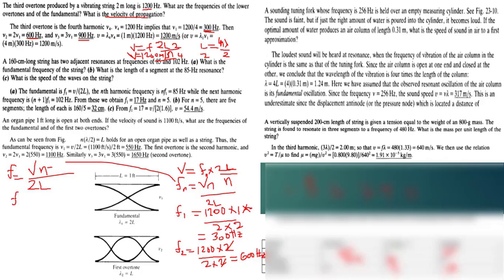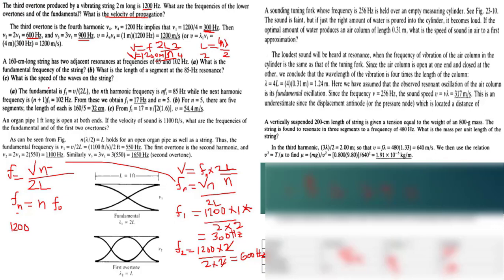So generally the general formula is Fn is equal to n times the fundamental frequency. So the same if you have Fn, he gave you Fn as 1200 where n is equal to 4, because it is the third overtone, n is equal to 4.